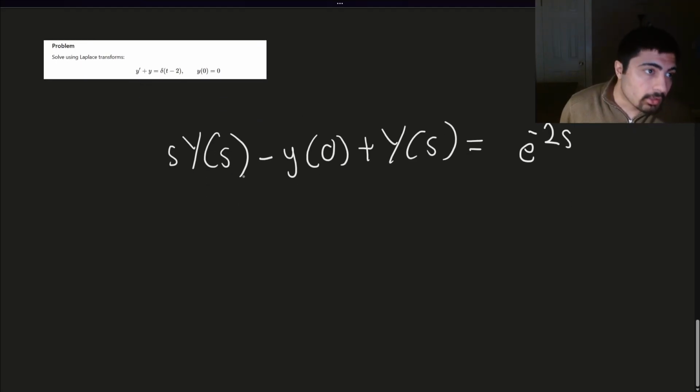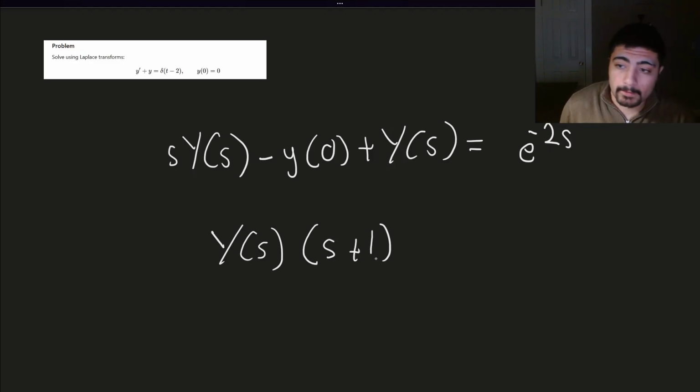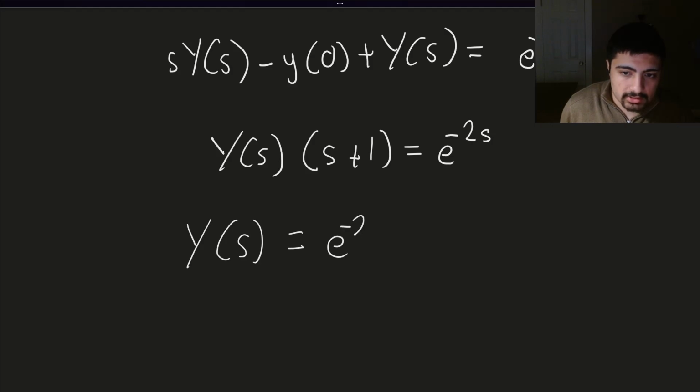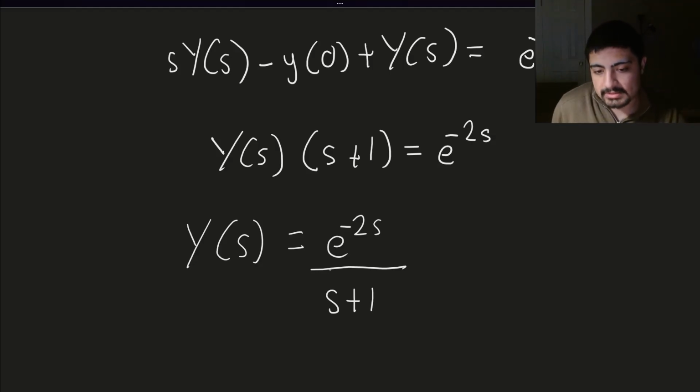And I'm going to factor out a capital Y of s here, and we're going to have s plus 1. We didn't do anything on the right-hand side of the equation. And this is how it looks. If we take another step, we could see that this is equal to e to the negative 2s over s plus 1.